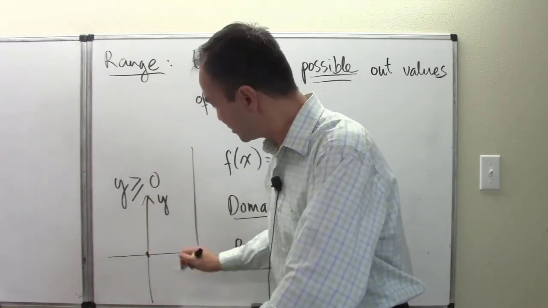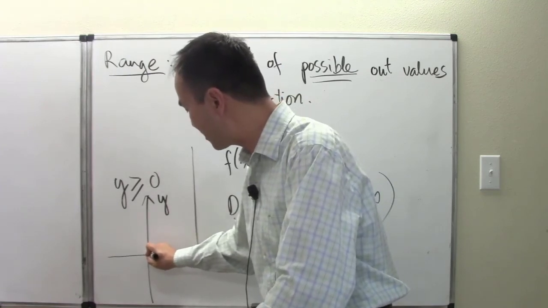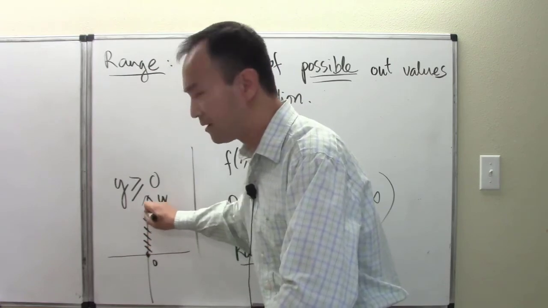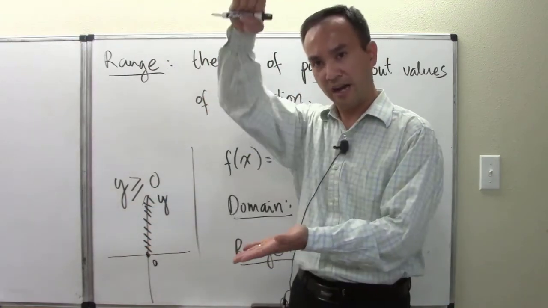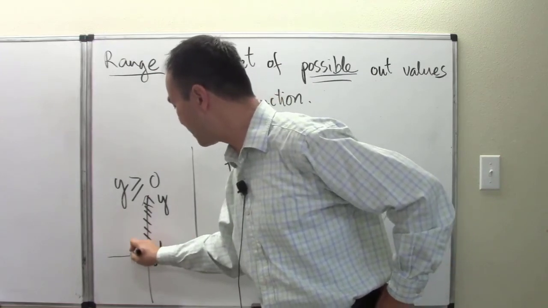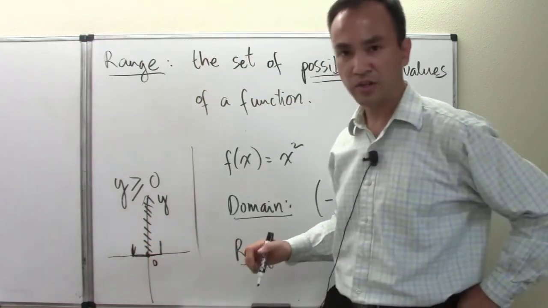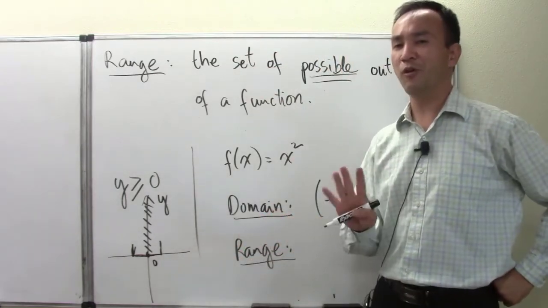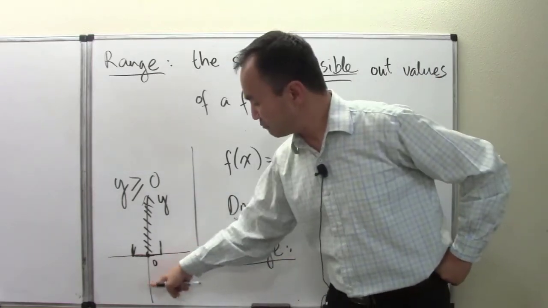So that means anywhere from 0, right here at the origin, and up. Zero and up, and we do include 0, so there's a bracket right here, covering from the bottom 0 up only. We won't find anything below that.